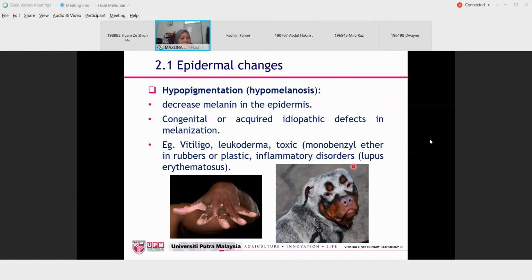Leukoderma is actually a localized skin reaction towards injury. For example, maybe a person had a burn wound on the skin. As the healing occurs, maybe in that affected area the melanocytes are not functioning. So when they are not functioning, the healed area will not have melanin produced.